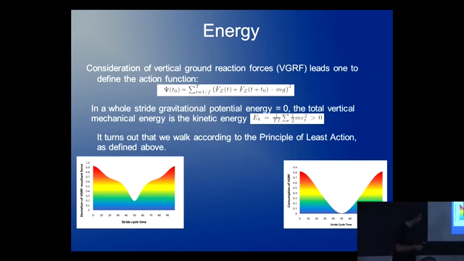It turns out that the kinetic energy has its minimum also at half stride time. So if I do the half step, and then the next part starts exactly at half time, it minimizes the energy. And it turns out experimentally that we do. So we can say that the way we walk is governed by a principle of least action.